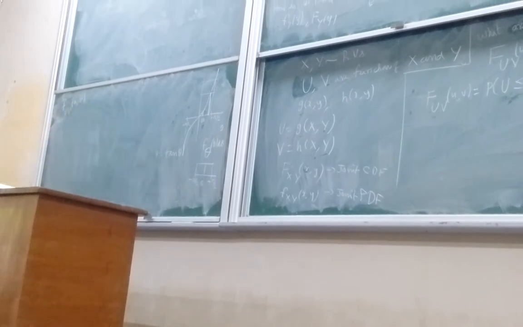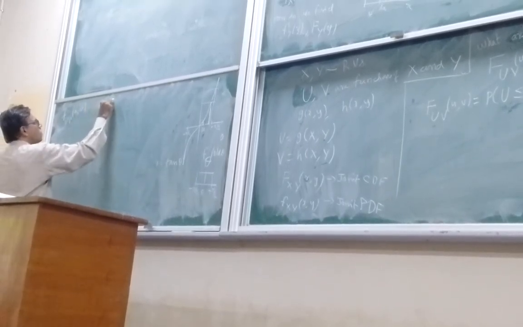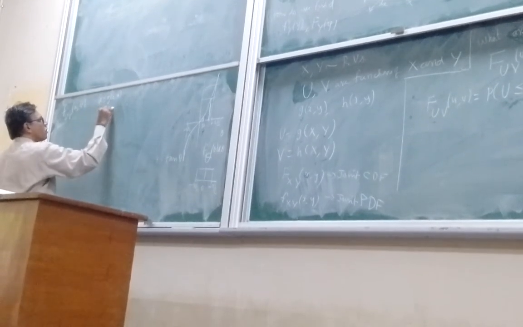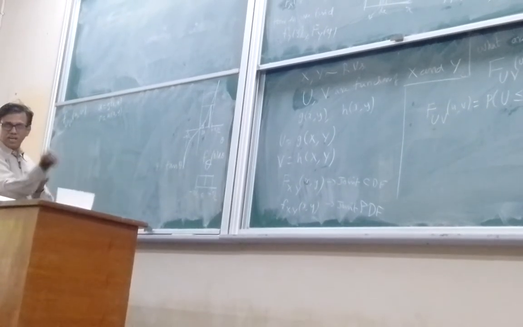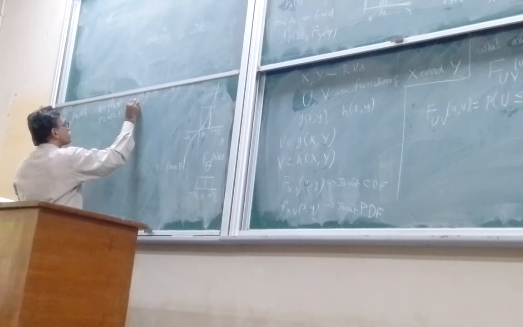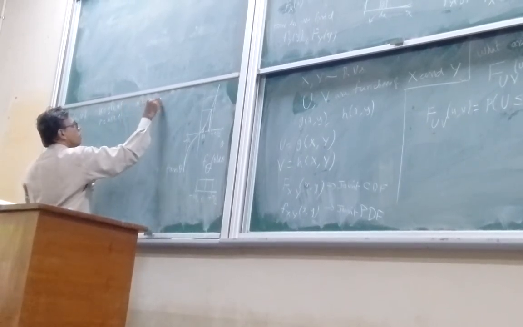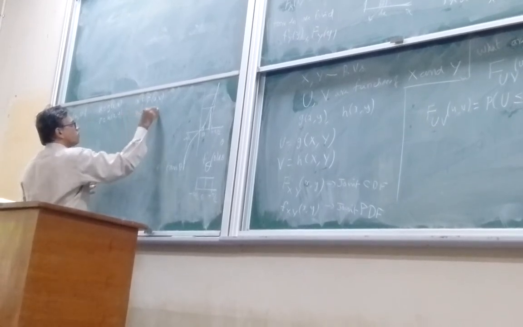Okay, how do we find it? By solving this function. U is equal to g of x comma y and v is equal to h of x comma y. If you solve these functions, you may be able to invert it and get functions x is equal to phi of u comma v and y is equal to psi of u comma v.